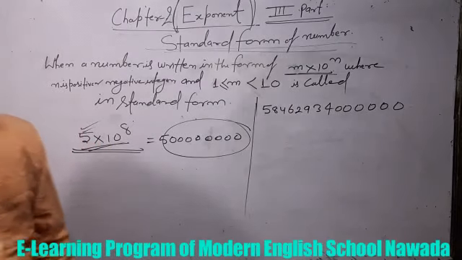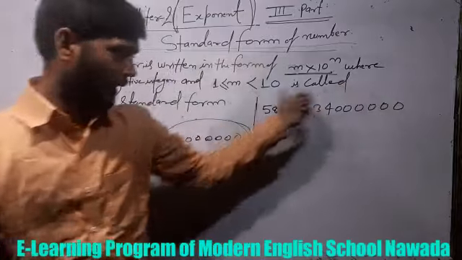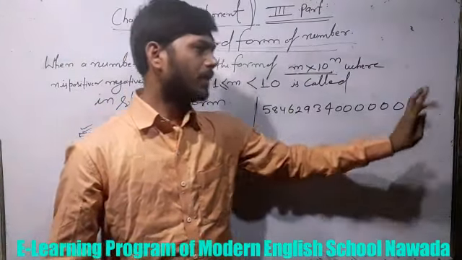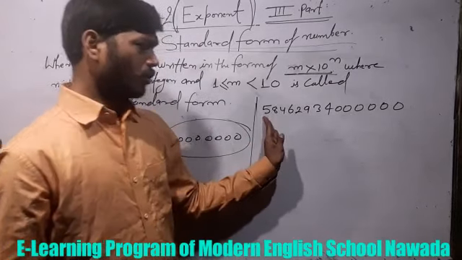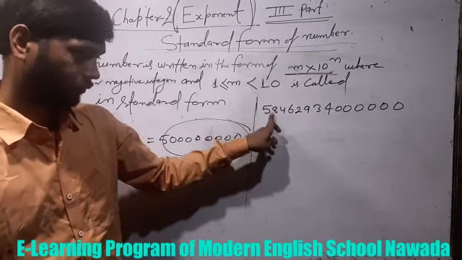A big number is written here; you can write it in standard form. Its value is large, so you use a point here.